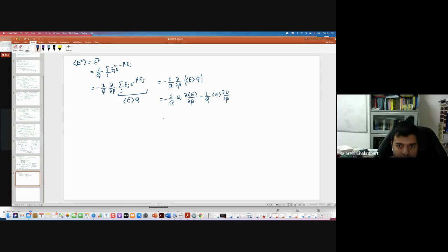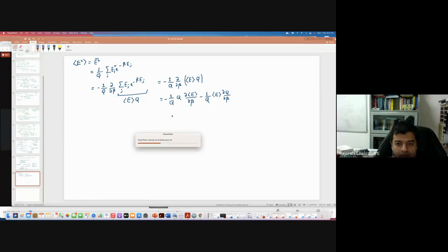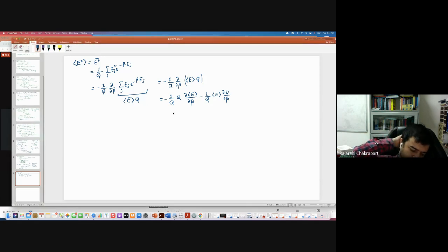So this first term is going to be minus del E by del beta. And this one is what? Can I write like this? Tell me whether you can write like this.